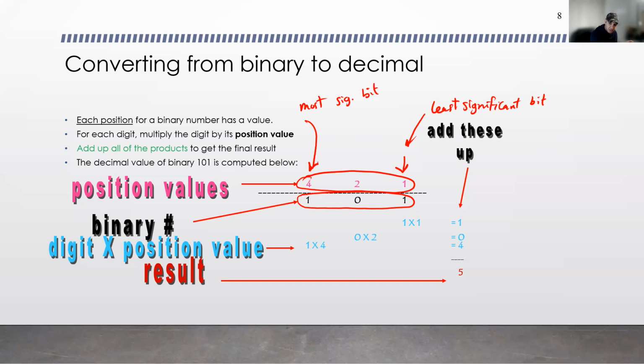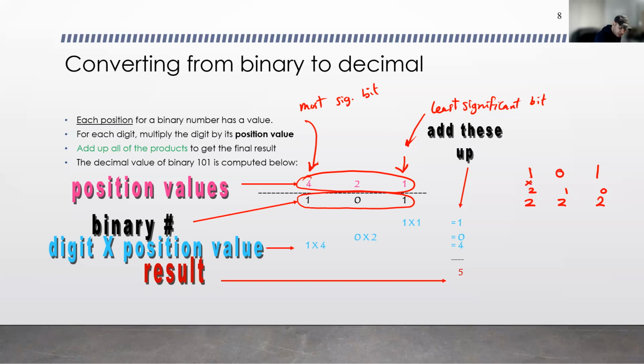Put the weights, then multiply, then add. Let's do it without looking at the slide. So 101, start with the least significant bit. This is 2 to the power of 0, 2 to the power of 1, 2 to the power of 2.